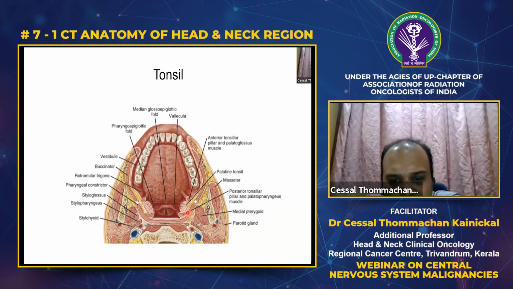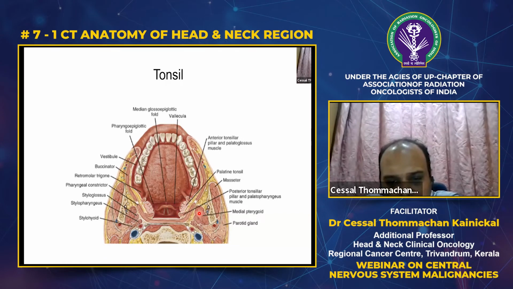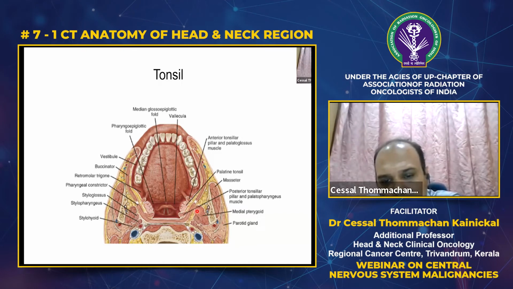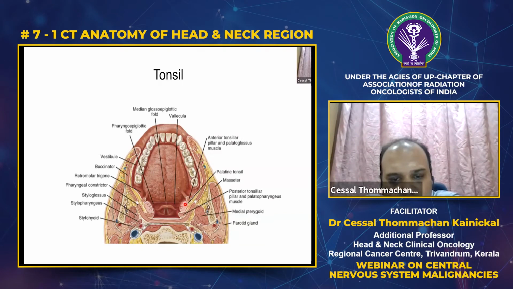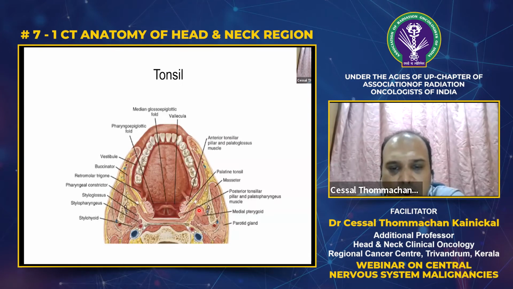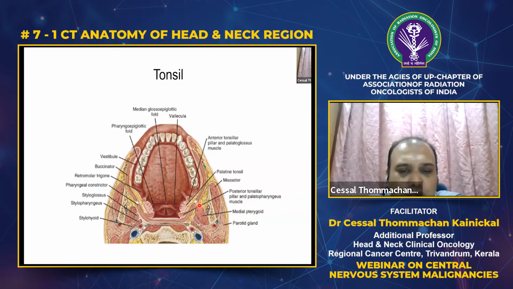From the parapharyngeal space, it can spread into the medial pterygoid muscle. Okay, from the medial pterygoid muscle, it can go further lateral. This is how a tonsillar lesion extends into the medial pterygoid. A lesion extending into the medial pterygoid is a T4 disease. So this is the route of spread of a tonsillar fossa tumor into the parapharyngeal space and also the medial pterygoid. This you need to know.